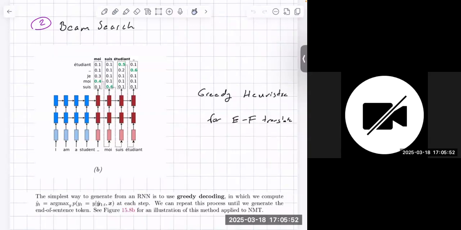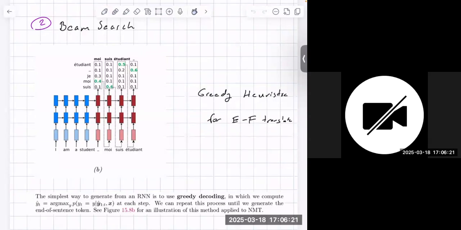This is a neural net that was doing English to French translation, and they tried to use a greedy approach. You output the next thing as the one that is the most probable according to your current computation.